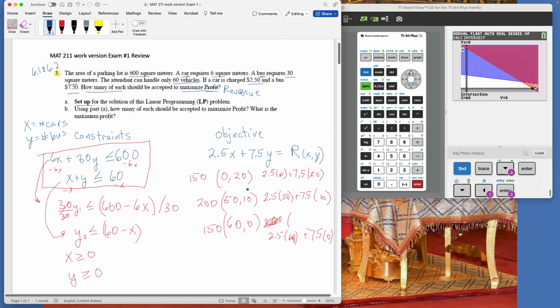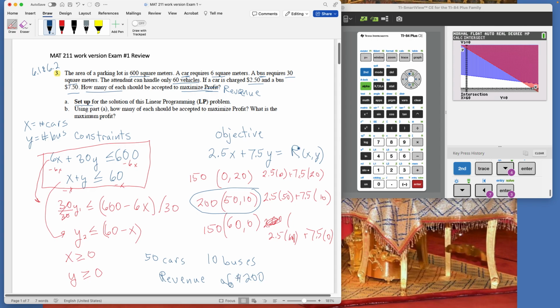So here is our maximum solution. 50 cars, 10 buses, give us a total revenue of $200.